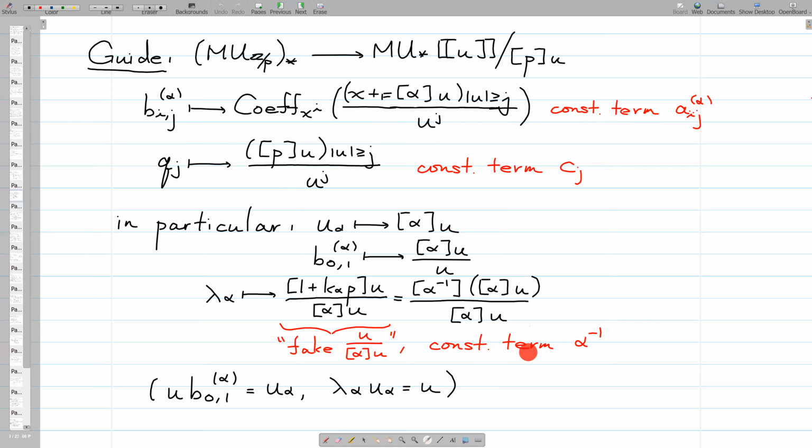Among other things, its constant term is not 1 if alpha is not 1. Its constant term is the inverse of alpha in Z mod P.